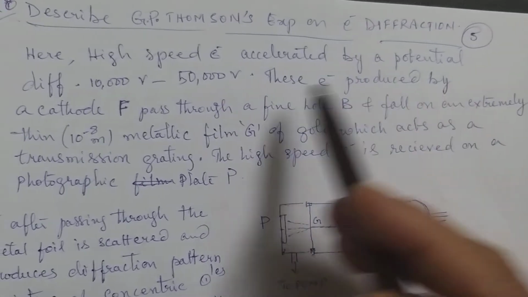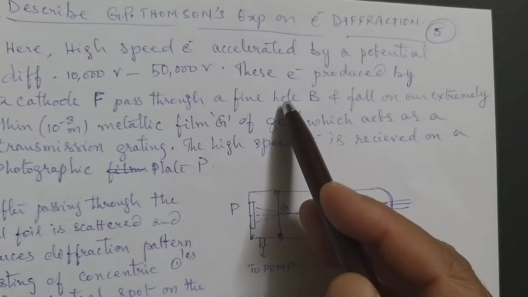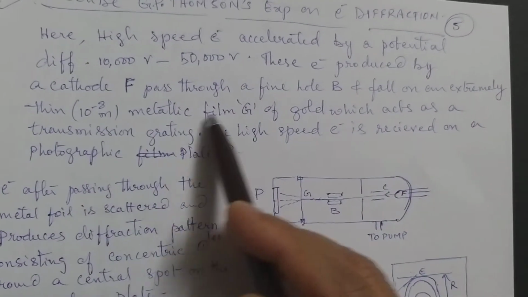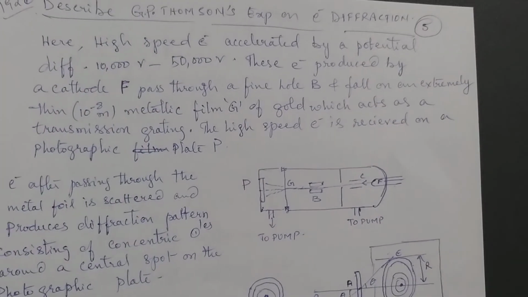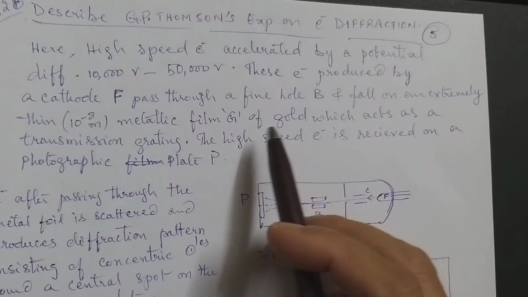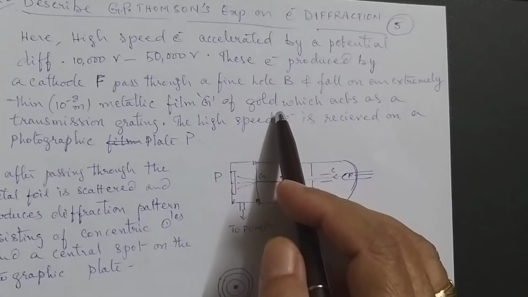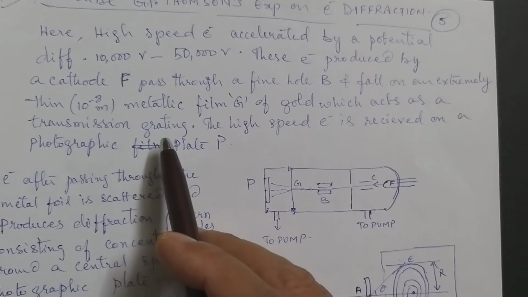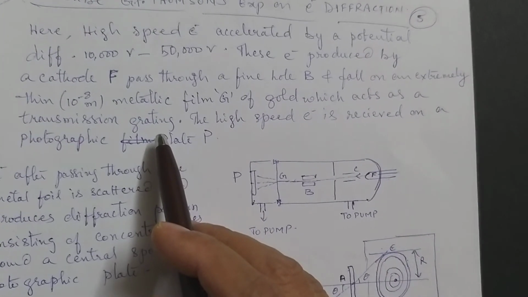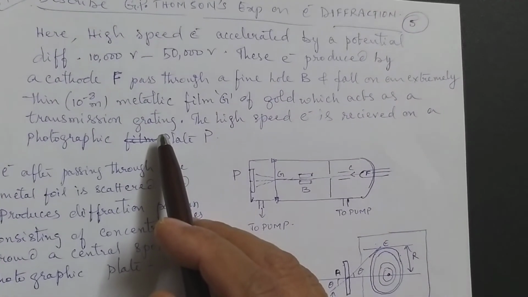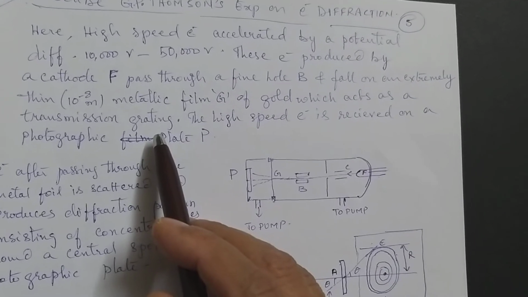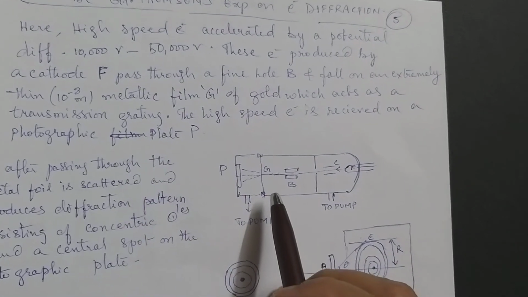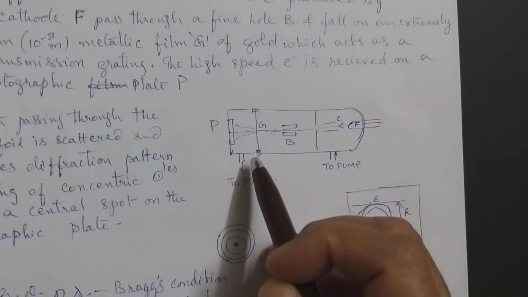These electrons produced by a cathode F pass through a fine hole B and fall on an extremely thin gold film G, which acts as a transmission grating. This is the transmission grating.